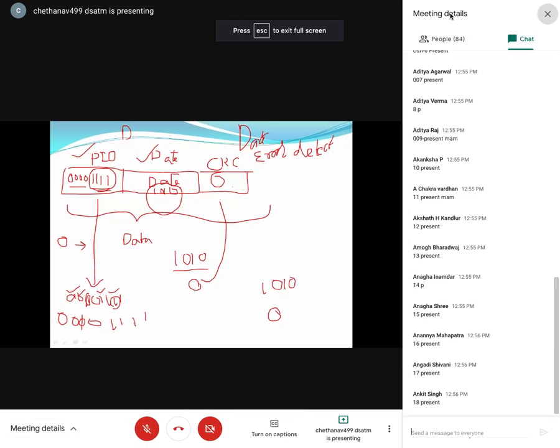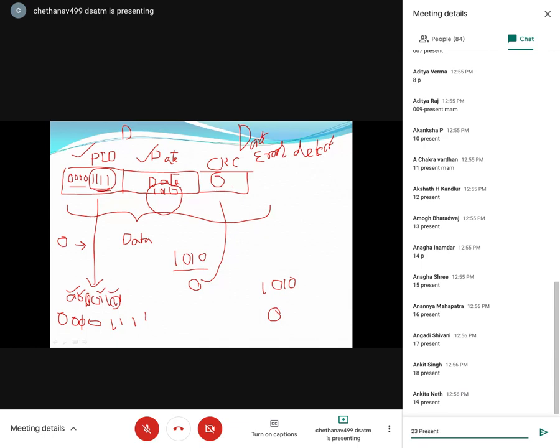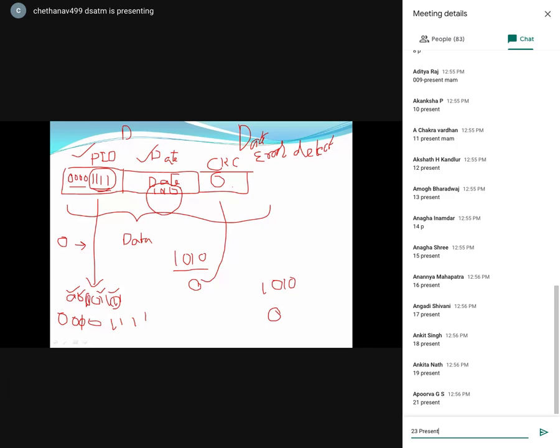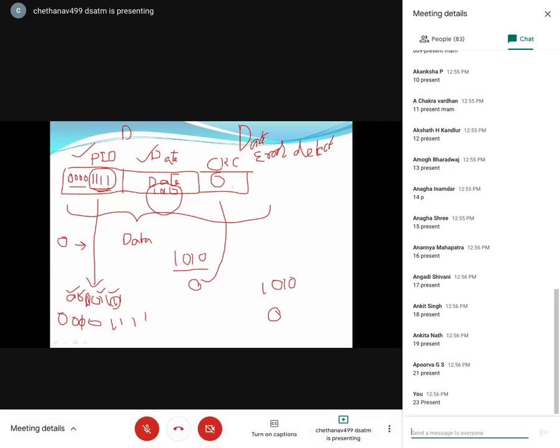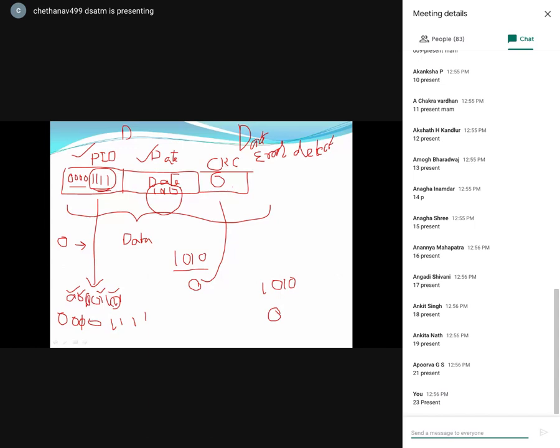Ankit Kumar. Ankita Niranjan. Anusha, number 20, I think absent. Apurva, number 21 present. Apurva GS, present?